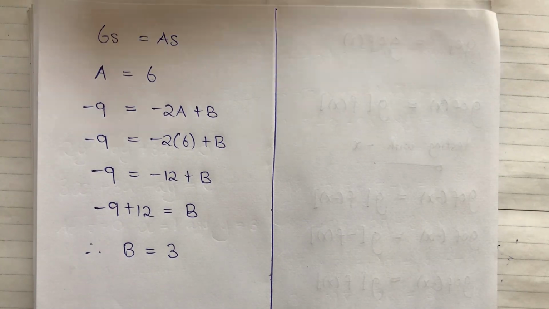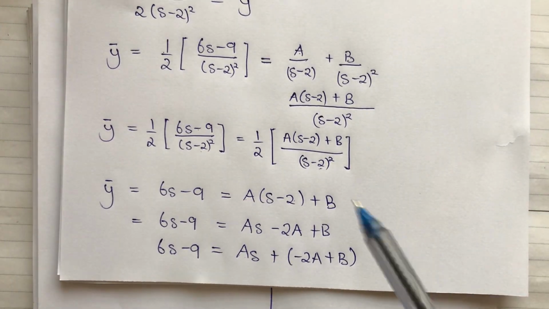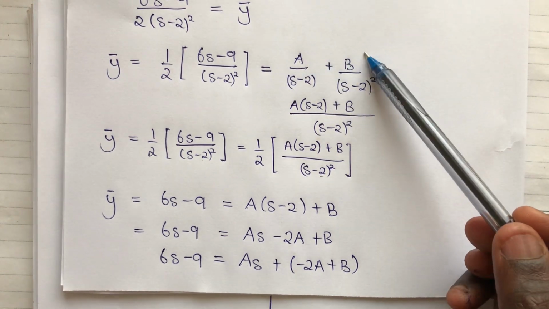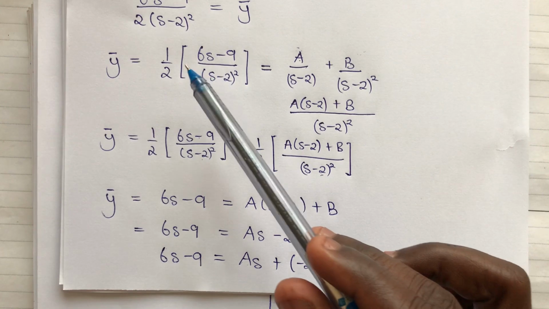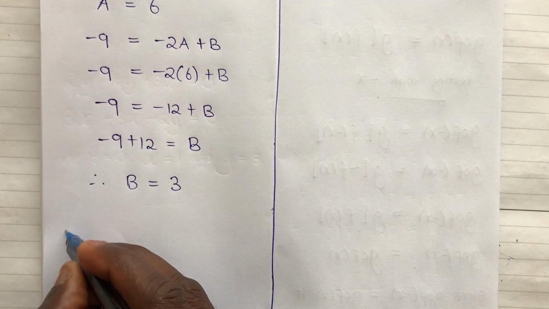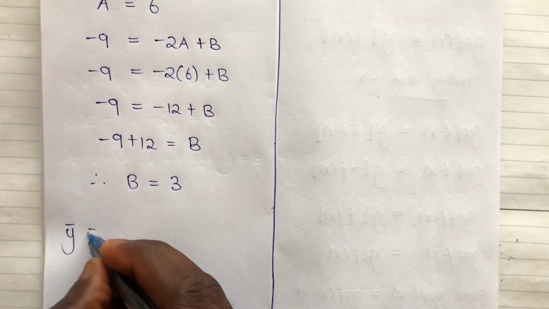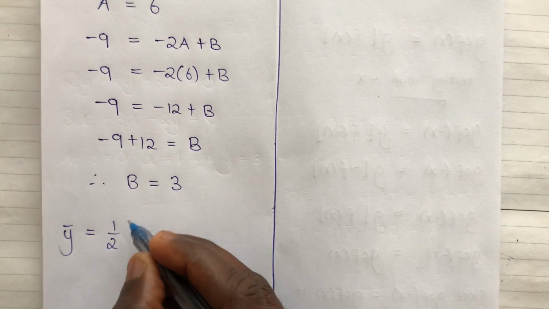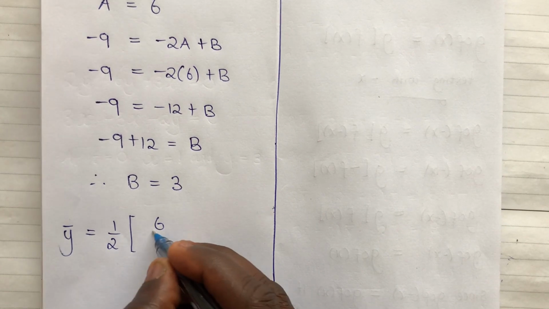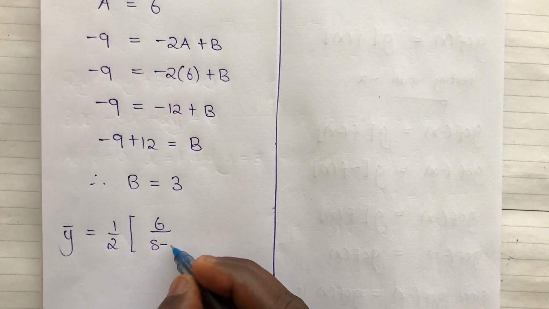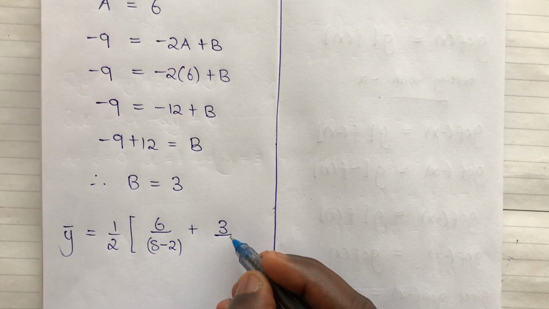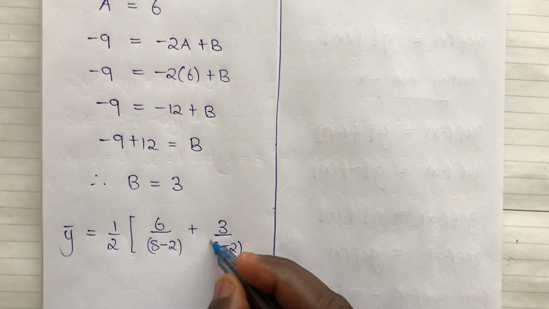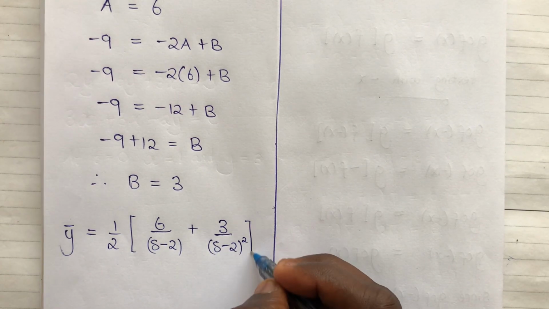So now we can come back here and substitute the values of a and b into this equation. Then we introduce our 1 over 2. Don't forget we left it. So y bar is equal to 1 over 2 times 6 over s minus 2, plus 3 over s minus 2 all squared.